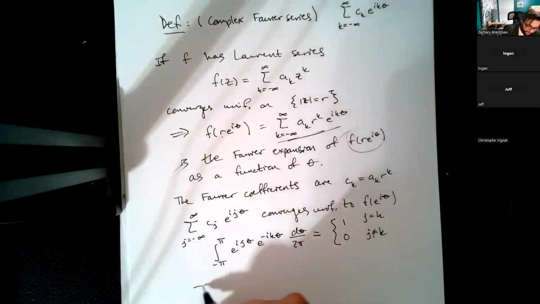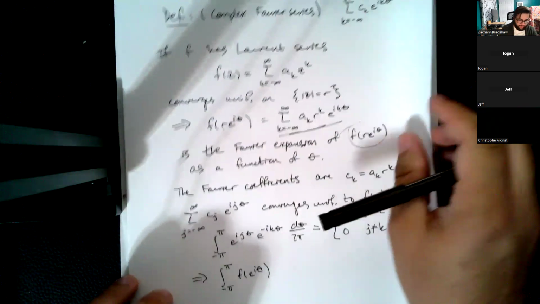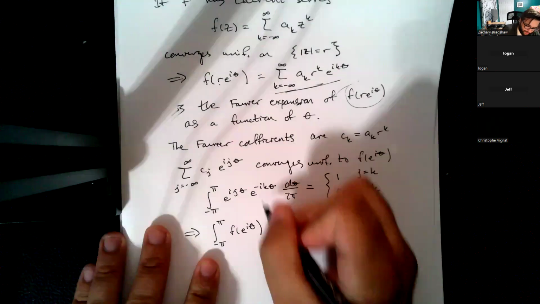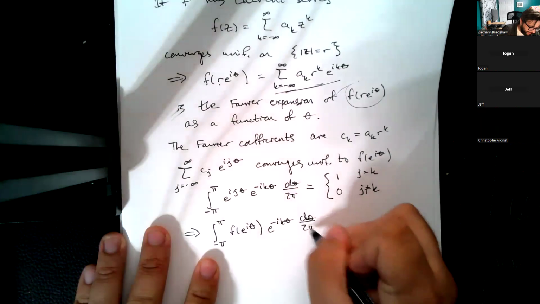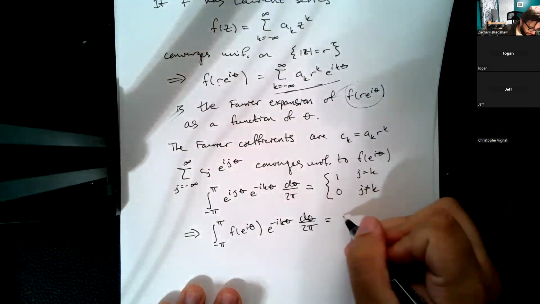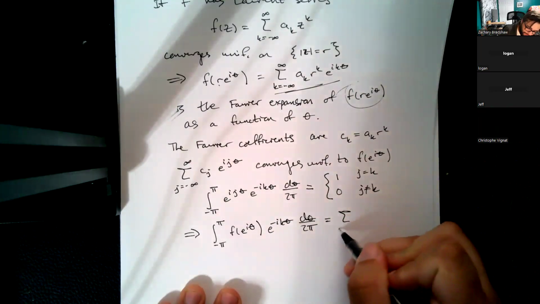And that tells us that the integral from minus pi to pi of f of e to the i theta e to the minus i k theta d theta over 2 pi is equal to, I'm going to expand f and then take the summation out.